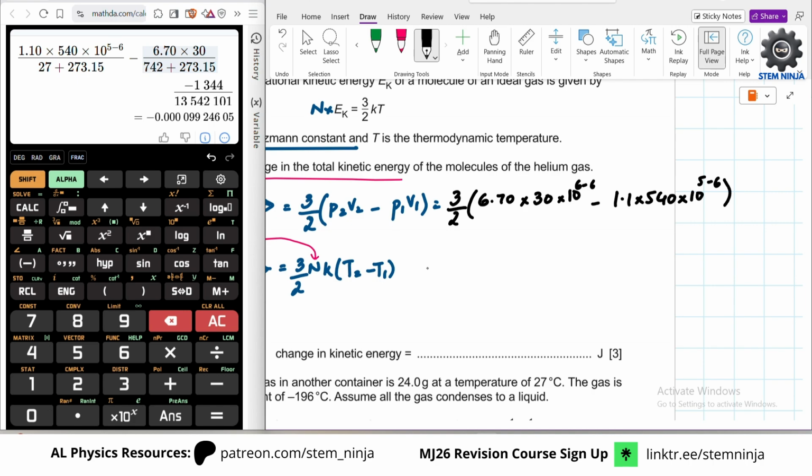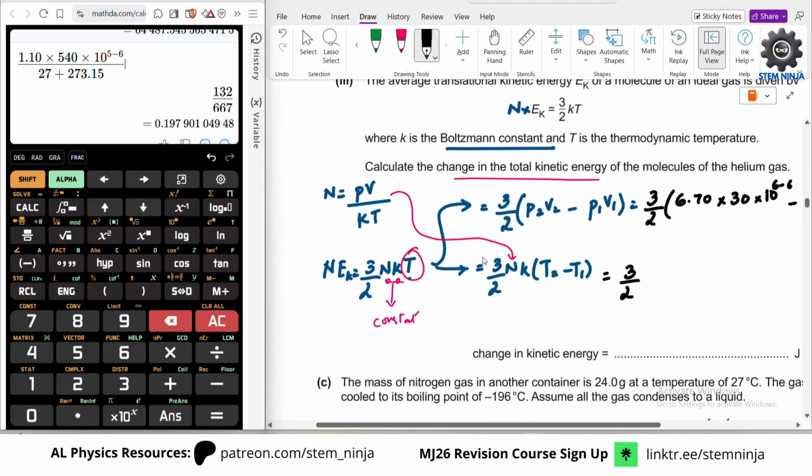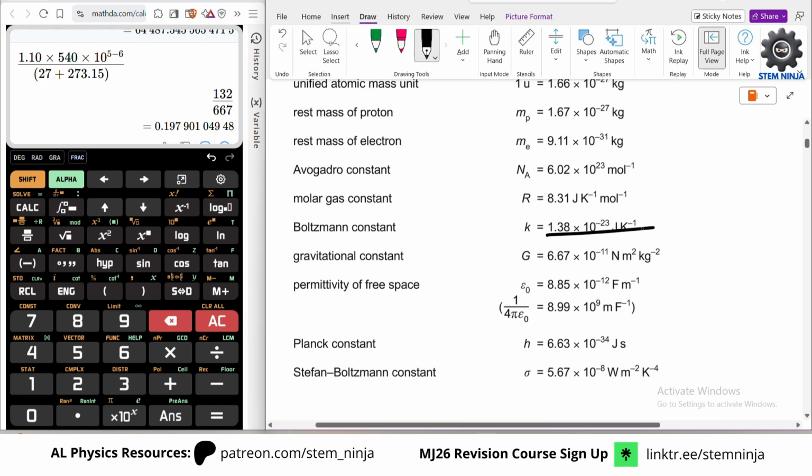This one, on the other hand, 3/2. First off, we need the N. So PV over kT. Do we know the value of k? We can check this from the formulas, oh sorry, the constants table. And there it is, 1.38 times 10 to the power minus 23.